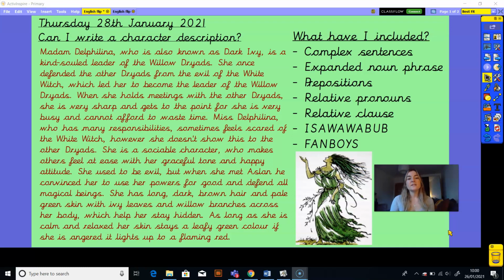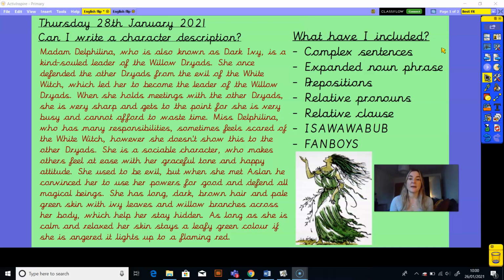Today we will be writing our character descriptions, and we need to remember to include these important things to make our character description more complex and more interesting, so it builds up a picture in the reader's head. We need to include complex sentences and expanded noun phrases for really descriptive writing.